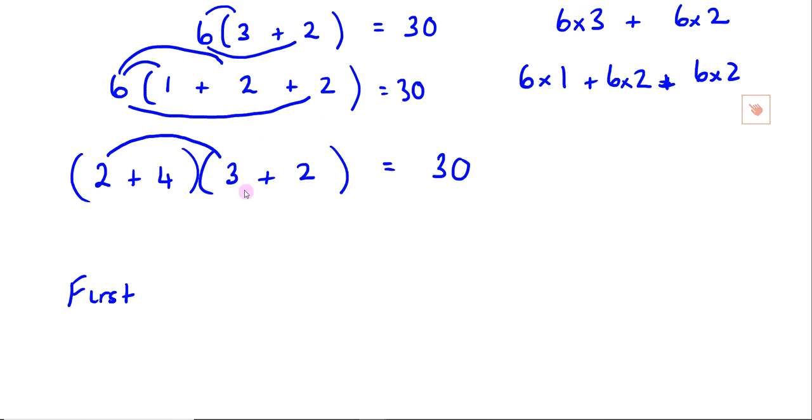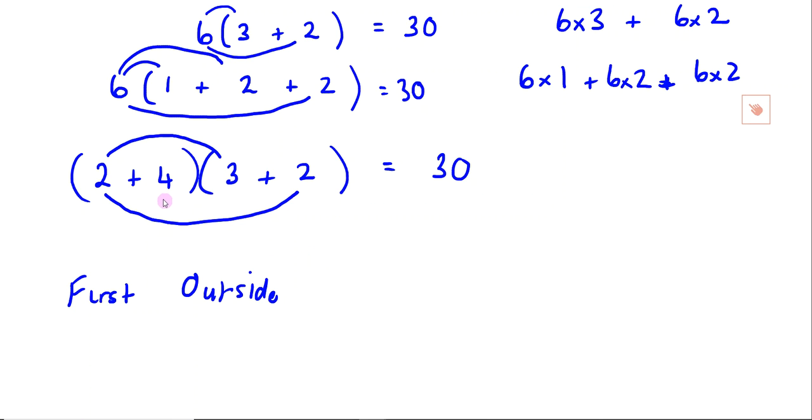I've got 2 lots of the 3, but then I've also got 2 lots of the 2. So I can say I do the outside numbers. I've got 2 lots of 3, 2 lots of 2. Is that not like having 2 lots of 5 already sorted? Is that clear with everyone?